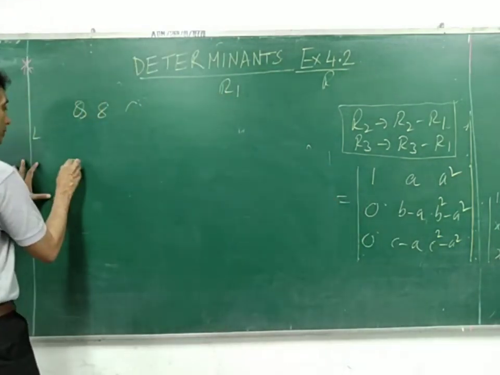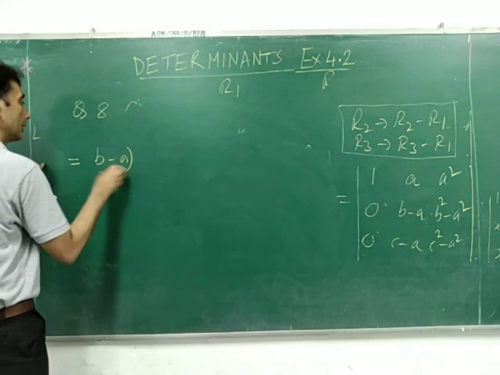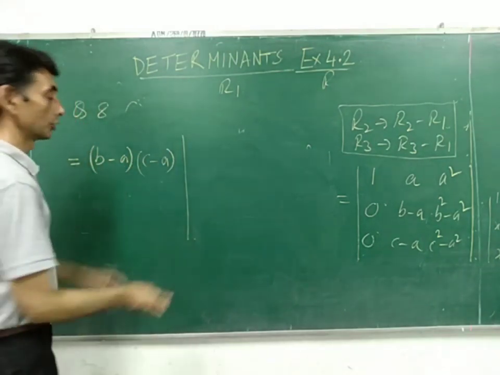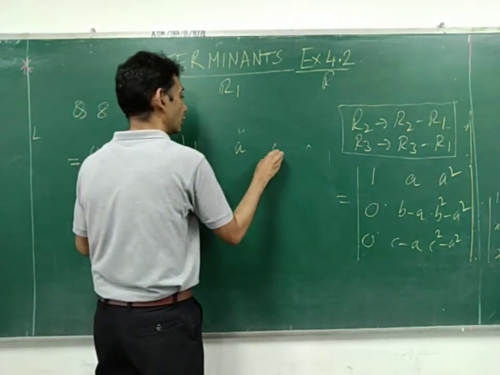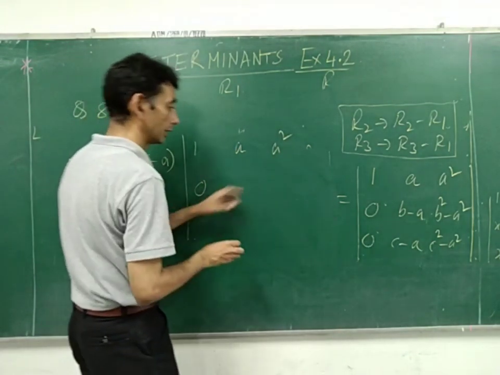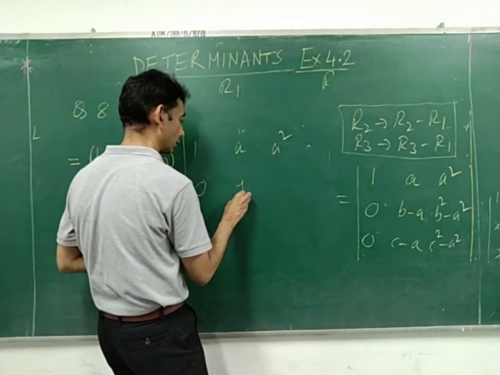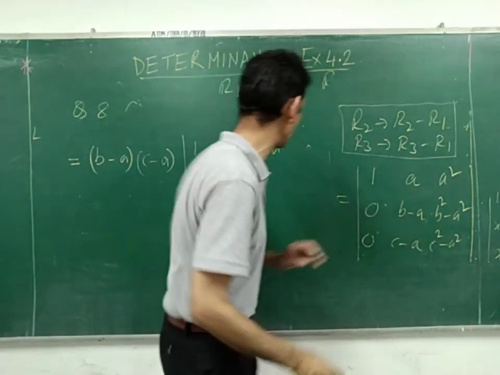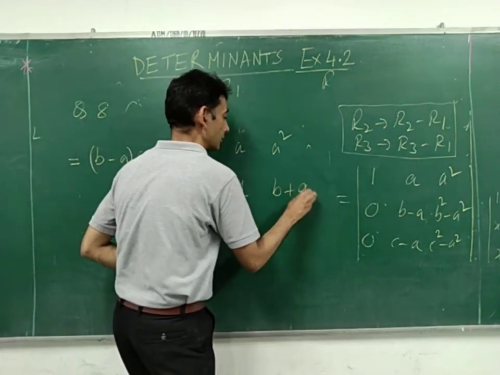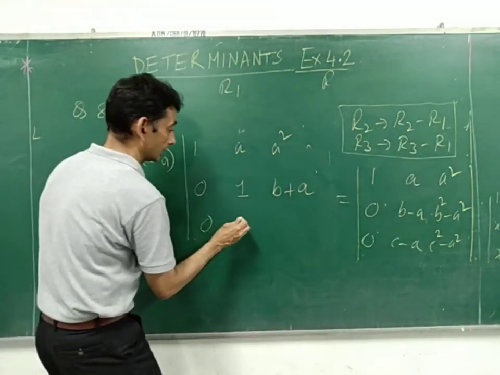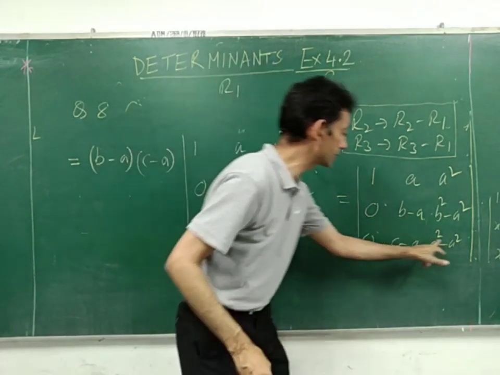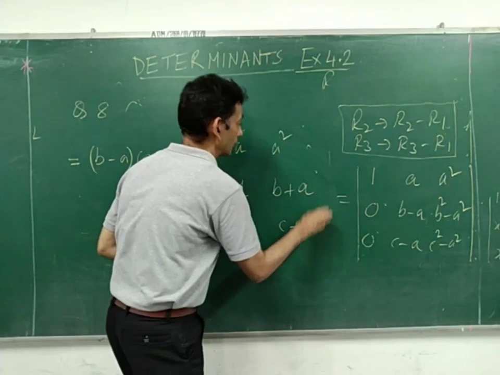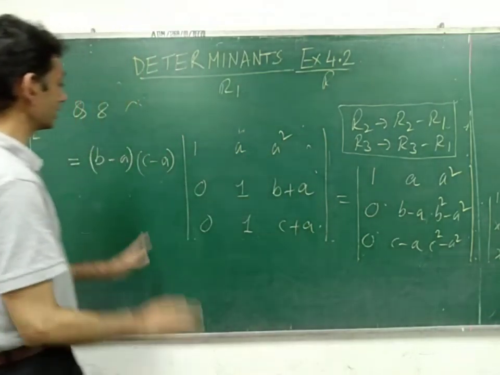So what is the next step? B minus A and C minus A outside. There is no change in row 1. This will be 0, and since you have taken B minus A common, this will be 1. From B squared minus A squared, you have taken B minus A common, so it will be B plus A. In the third row, this is 0, this is 1, and since you have taken C minus A common, what is left out is C plus A. Now what trick have you followed?